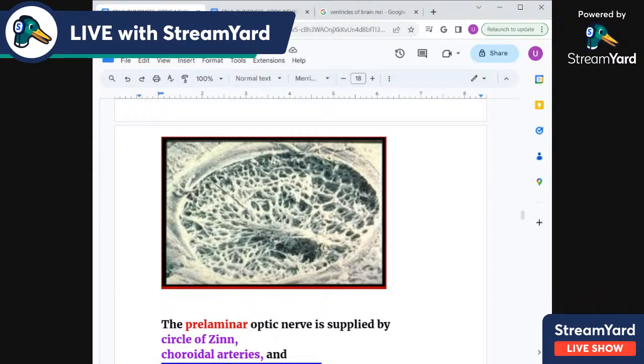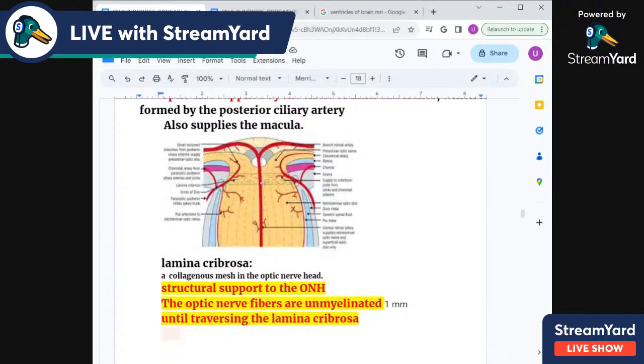So this lamina cribrosa gives support, number one, and number two, the optic nerve fibers up to the lamina cribrosa are unmyelinated. See here, this is the lamina cribrosa. So before this is a 1 millimeter area where the nerve fibers are unmyelinated. That is why multiple sclerosis causes retrobulbar neuritis, because it acquires the myelin sheath or white matter after the lamina cribrosa.